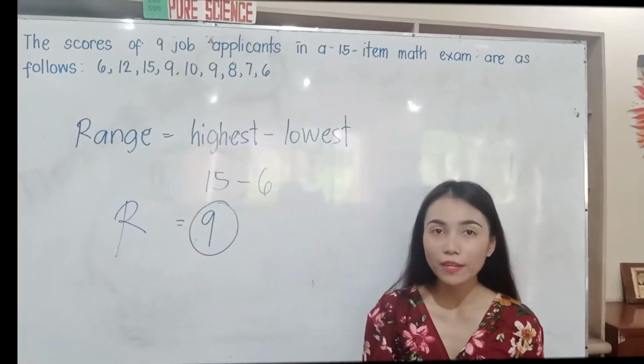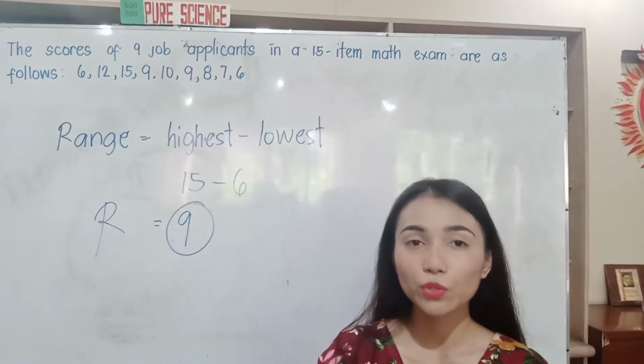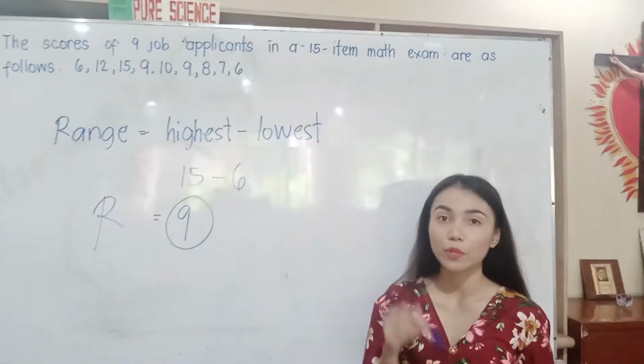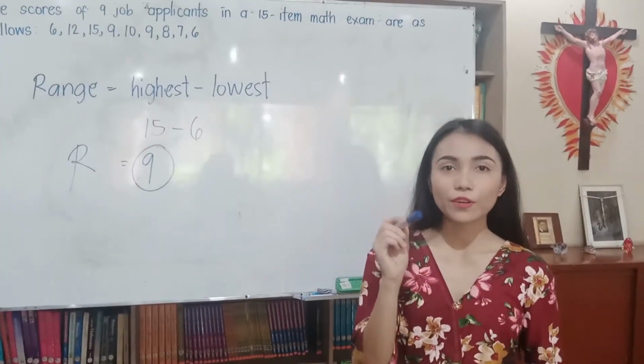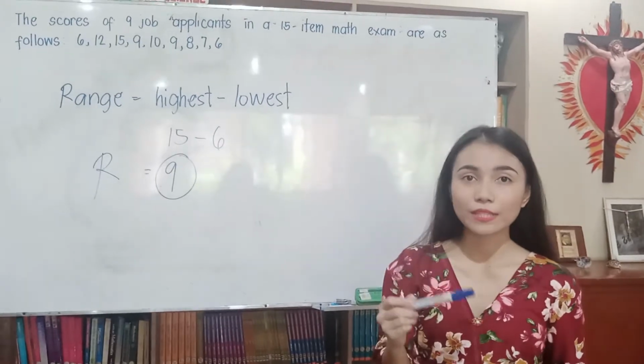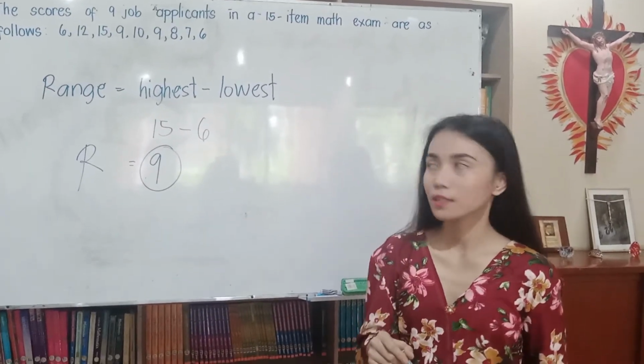Let's move on to the variance. Variance is divided into 2, which is the sample variance and the population variance. To get that, we should write first their formula.